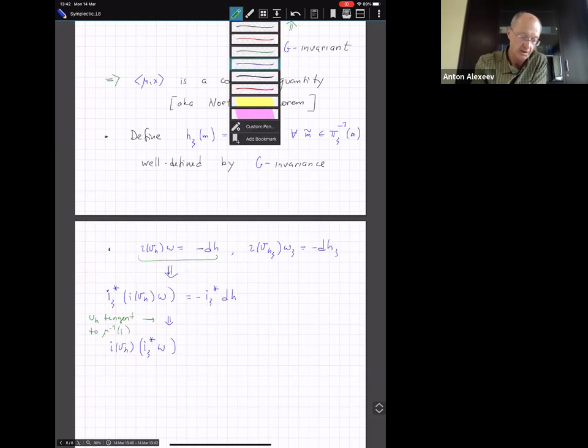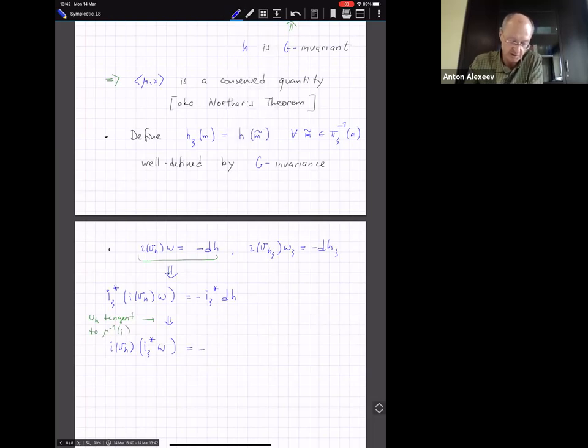And on the right-hand side, I exchange the de Rham differential and the pullback. Now I'm using the reduction formula, and on the right-hand side I'm also using the reduction formula.